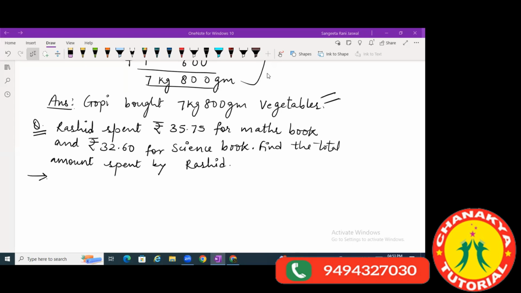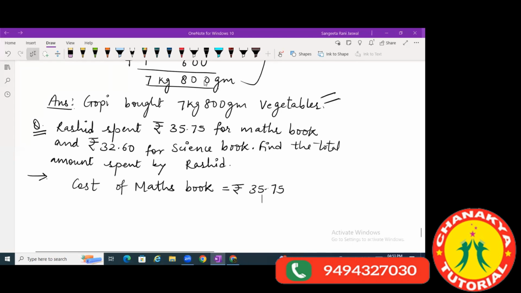Rashid spent so much rupees 35.75 for maths book. So you can just write here either Rashid spent so much amount or you can write cost of maths book. That also we can write, children. So cost of maths book is rupees 35.75. Now next statement, Harshit.